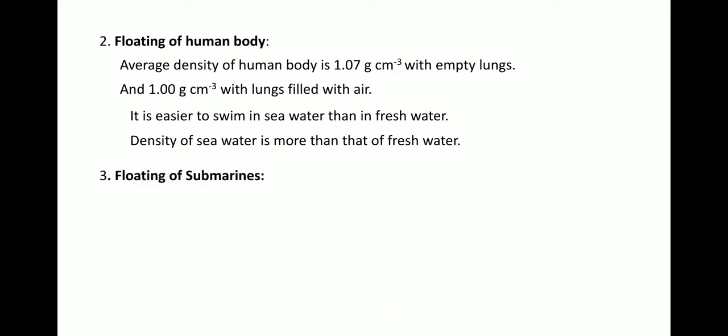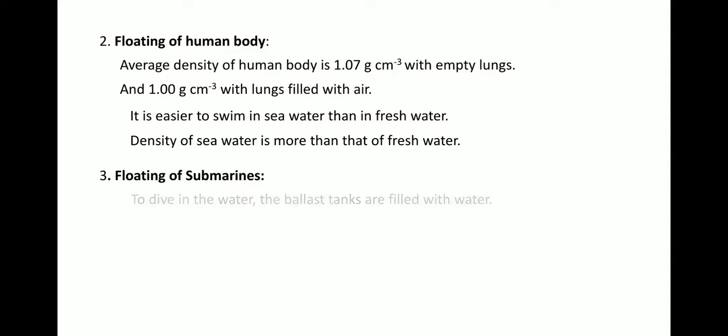Next, floating of submarines. All of you know what submarines are, right? Submarines have tanks called ballast tanks, and they fill water inside those tanks and get heavier, and they sink down.